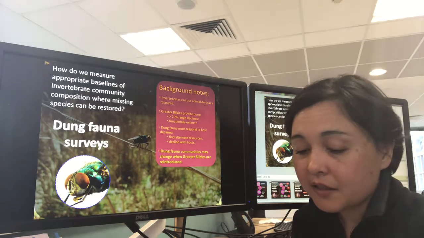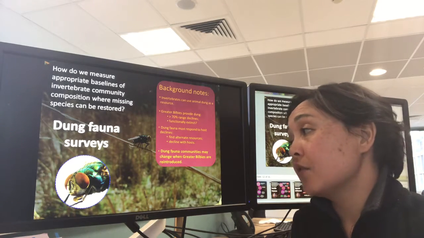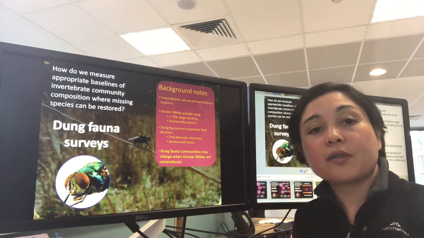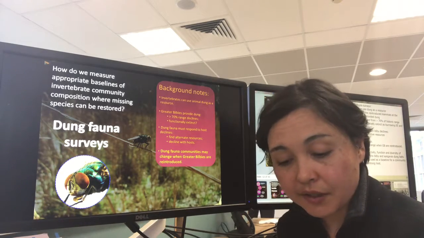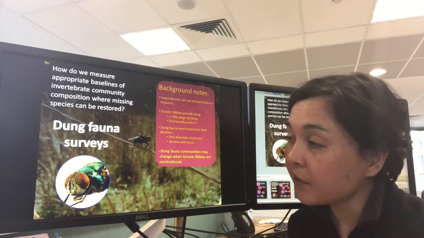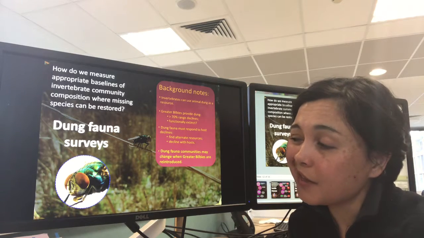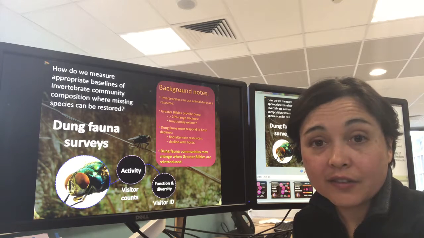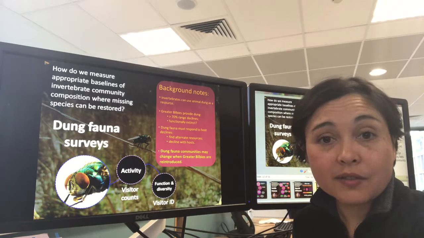So I expected dung fauna communities to change when greater bilbies are reintroduced, with the addition of those resources back into those systems at the sanctuaries. To look at this question, I checked visitor activity and function to two different types of bait.